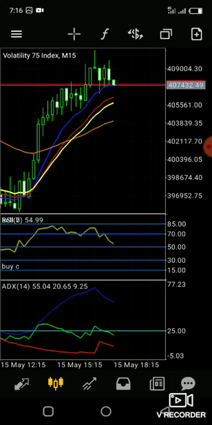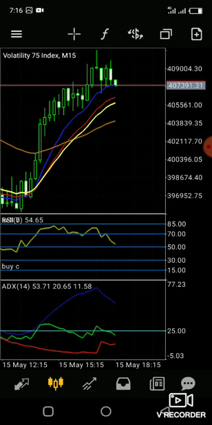And for our ADX, the blue line must cross the 25 line, and the green must also be above the red line. The green line does not necessarily need to be above the 25 line; it is important that it is above the red line. So these are the criteria to be met to use this strategy.